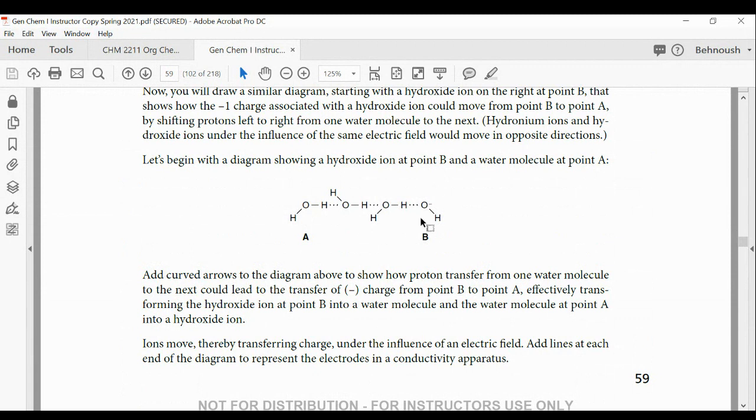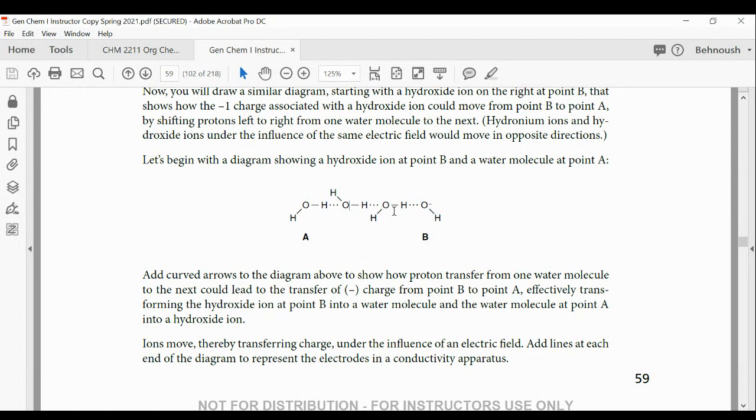So the arrow looks just like the other one. The difference is that in the other one, you started from the part A side, but you had the H3O plus. Here you have the hydroxide on the B. So it's going to move H from the water toward the OH minus, and one hydrogen moves from the water to the OH minus.